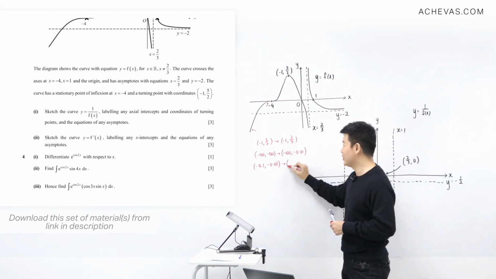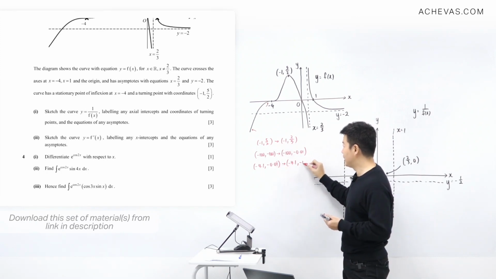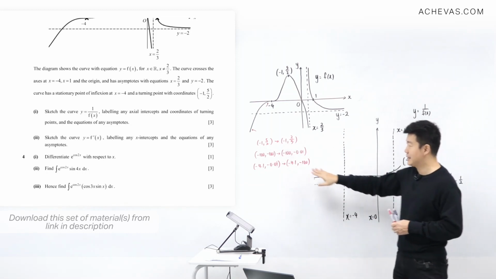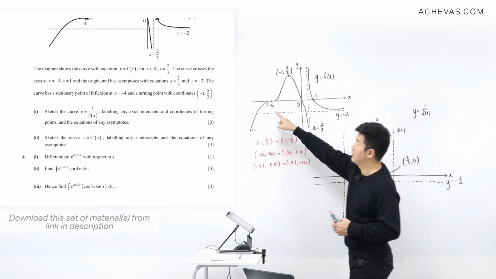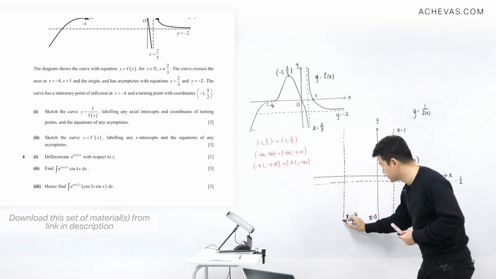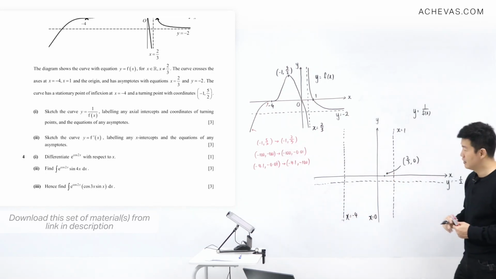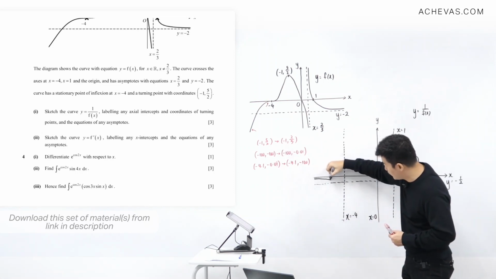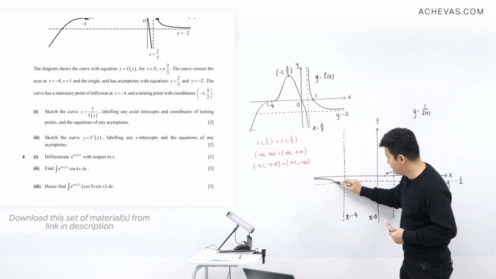So this point here will become negative 4.1, and this will become negative 100, which means that if I were to poke a point that represents this, which is a transformed version of a point that is somewhere here, it is going to be here. Okay, somewhere over here. So if I were to join these 2 points together, I will get a graph that looks something like this.